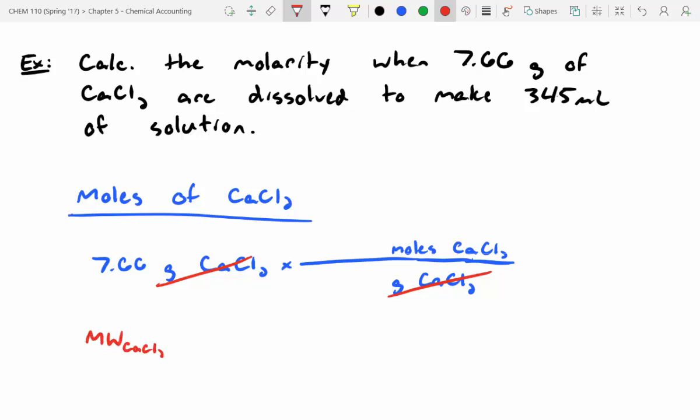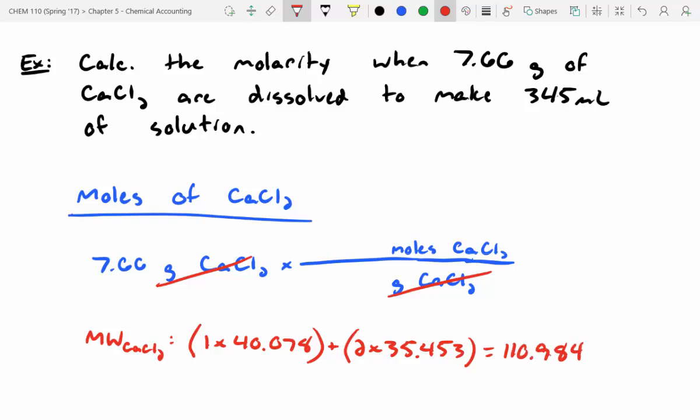So CaCl2. We've got one calcium, which has a molecular weight of 40.078. We've got two chlorines that have a mass of 35.453, which gives us a net molecular weight of 110.984 grams per mole. Okay, so that 110.984, should that go on the top or the bottom?